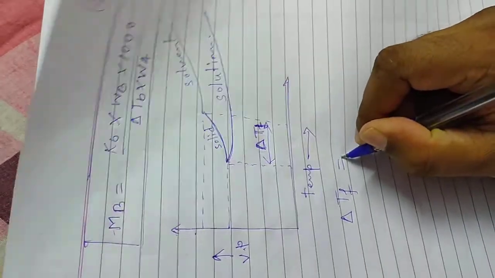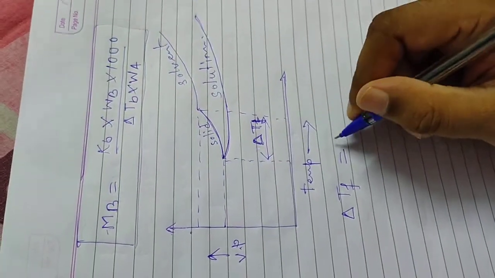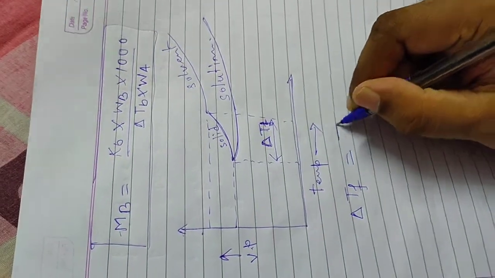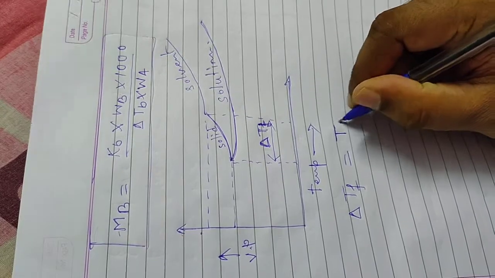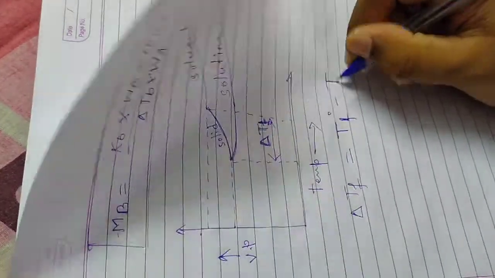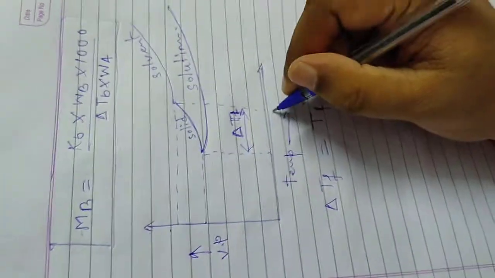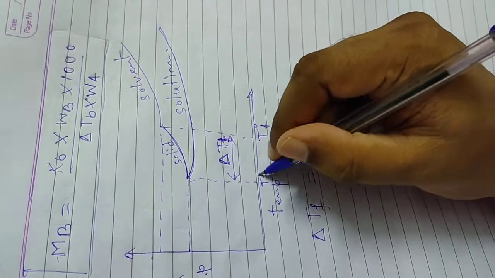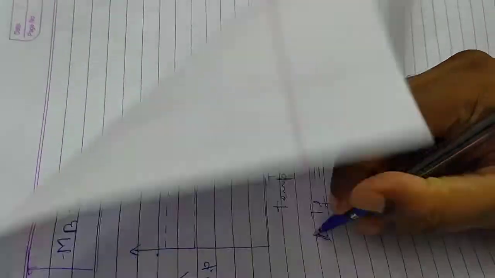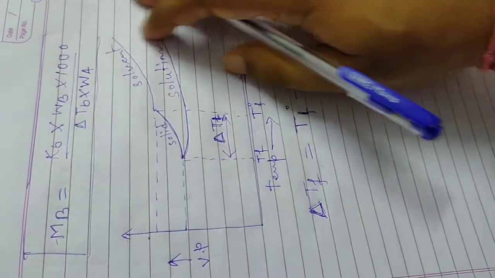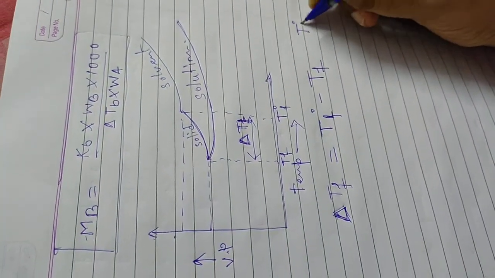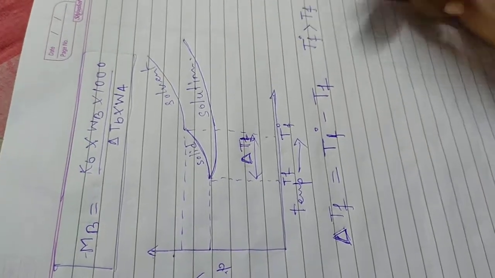must be equal to what? Delta T naught f minus Tf. This is T naught f and this is Tf. As the freezing point is depressed, so T naught f must be greater than Tf.